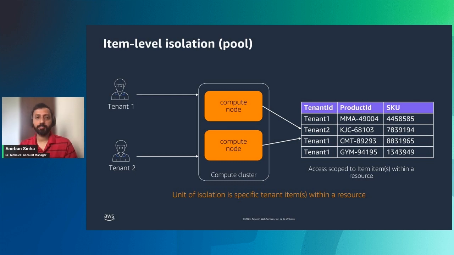So in this example, I have a database table where you can see individual items are associated with multiple tenants. Now, this could be an RDS or any database where you store the data. The idea is that we are now moving inside the resource, and individual items inside the resource are the things we need to isolate.